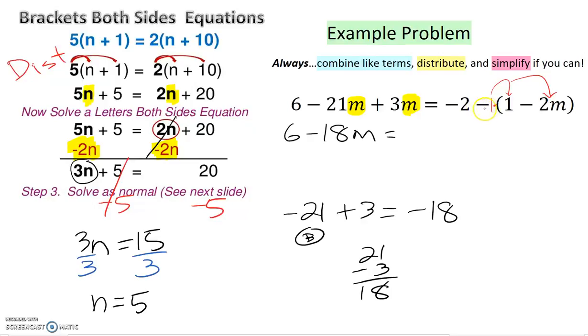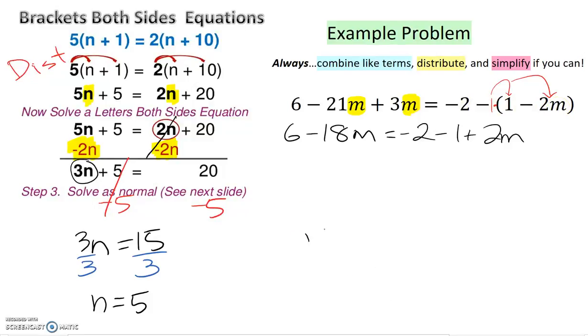Or even just distributing the negative sign to everything that's inside. So let's kind of just do that. So we have our number, negative 2, minus 1, or negative 1 times 1 is just negative 1. Negative 1 times negative 2 will be positive 2m. Right, negative times negative is positive. So that can be a little bit tricky.